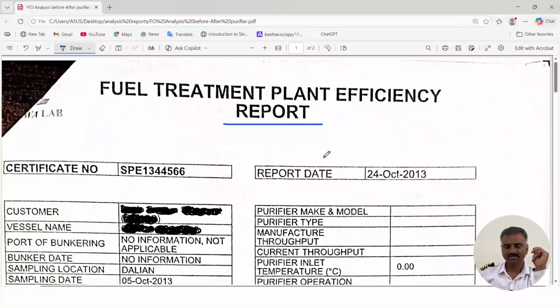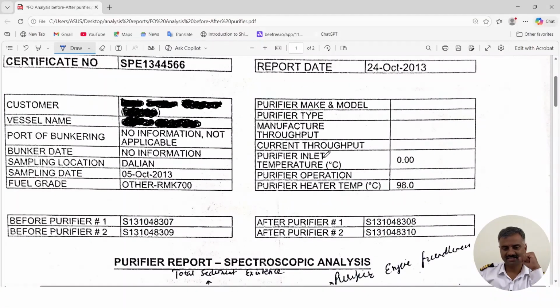So make sure when you take the sample, you take it before the recirculation line in the case of before purifier, and after the purifier it is the oil outlet side. The oil outlet side will always be the oil outlet side, the only thing is before the purifier. So that is one such case that we have faced.